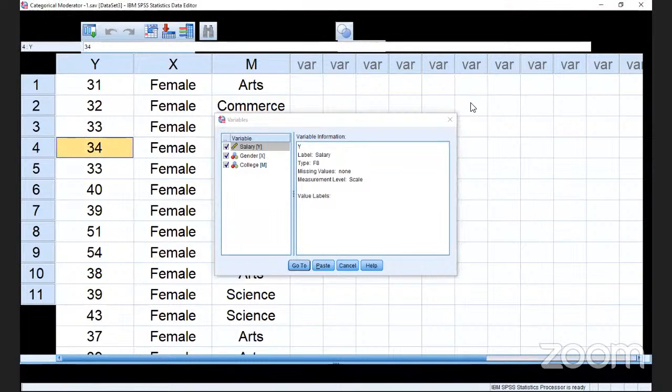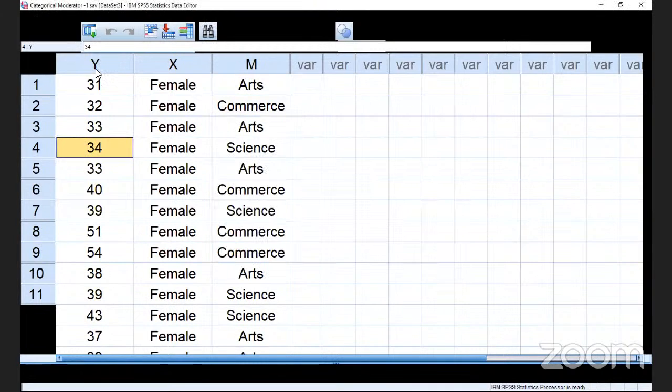So there are three variables you can see here. Y is the dependent variable, X is the independent variable, and M is the moderator variable.